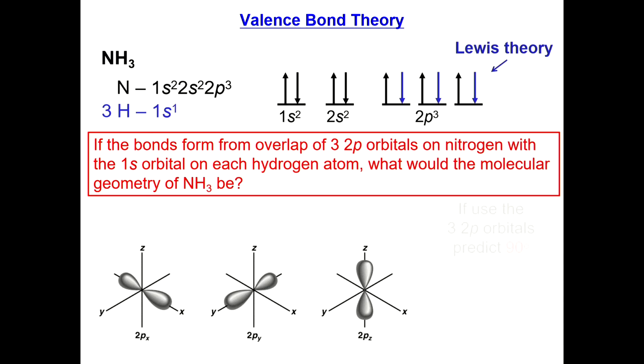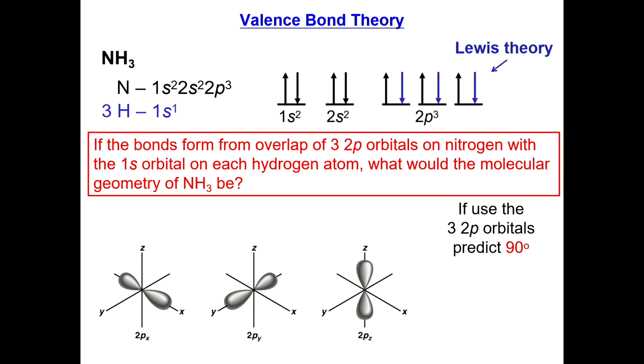So if we use the 3p orbitals and overlap p with s, so it's like s will be in here, right? The s from hydrogen will be here. Overlap, right? Overlap here. So this means what's the angle between H and H?